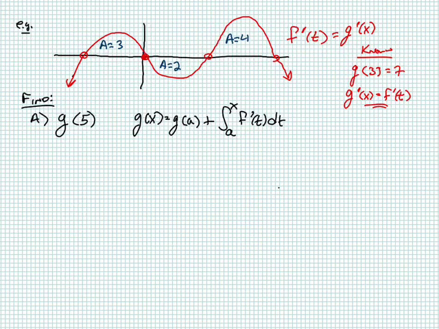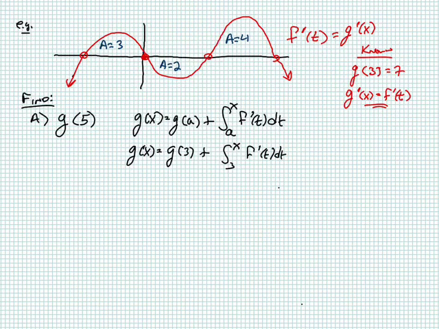Okay, so I'm going to put my numbers in. So g of x is going to be equal to g of a, and g of a is whatever my known point is. So a is 3, so be careful. This a is 3, because that's the given value. So this is going to be g of 3 plus the integral from 3 to x of f prime of t dt.